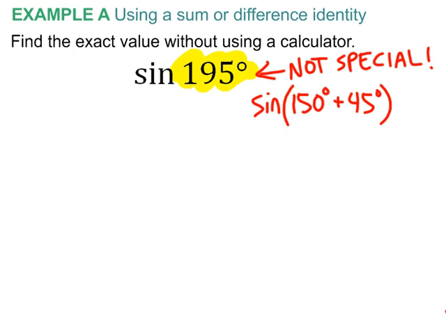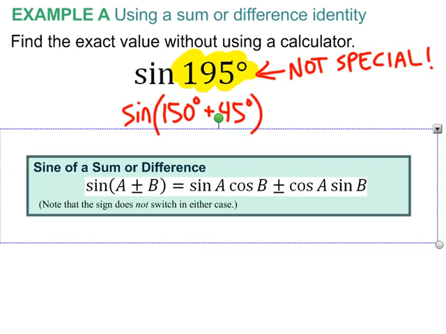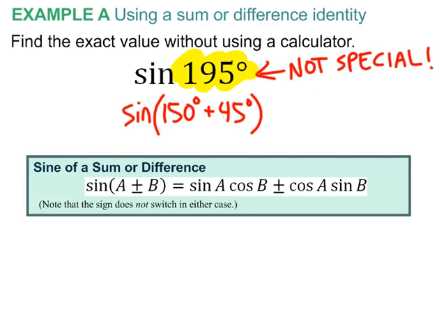Sine of 150 degrees plus 45 degrees. So that's the same thing as our original problem statement. And since we're dealing with sine, we will look at the sine sum or difference formula. Since we are looking at a sum here, 150 degrees plus 45 degrees, that's what tells us that we want a plus sign both here and here.